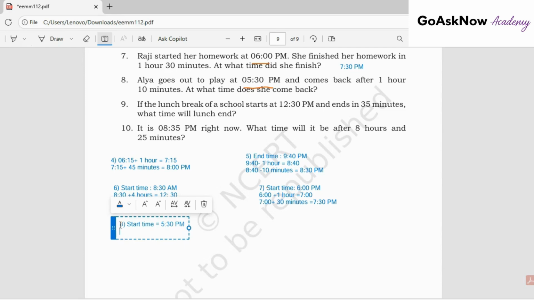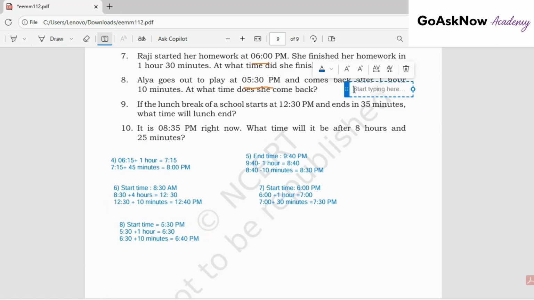First adding the hour, 5:30 plus 1 hour is equal to 6:30. After that we are adding the minutes, 6:30 plus 10 minutes is equal to 6:40 p.m. The answer when she returned back is 6:40 p.m.